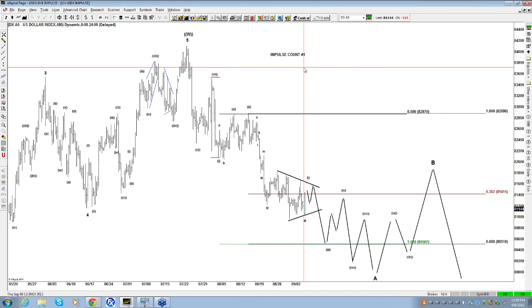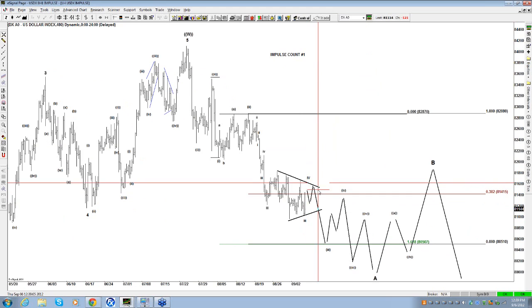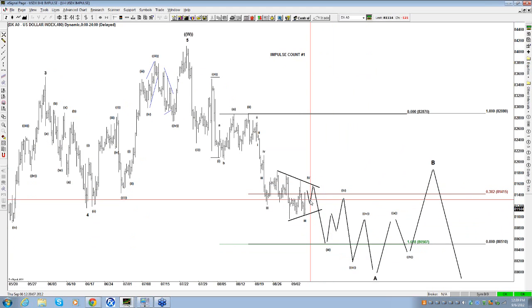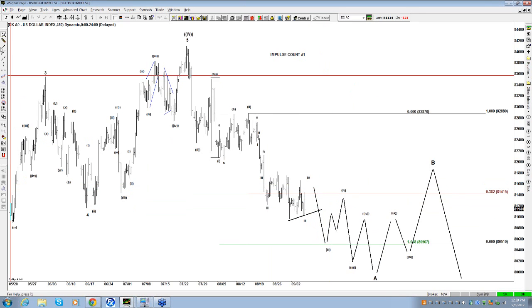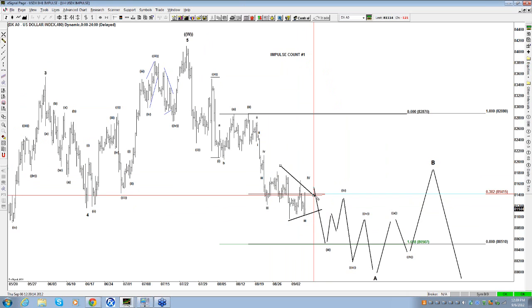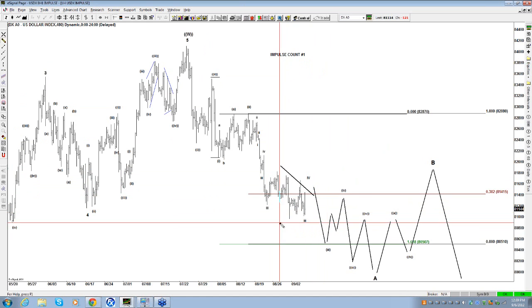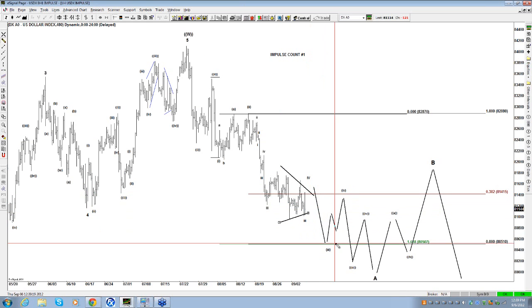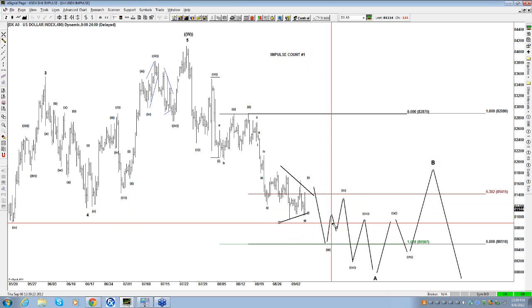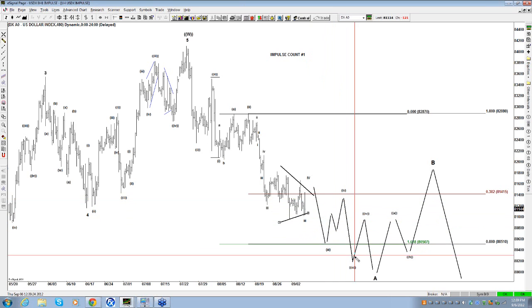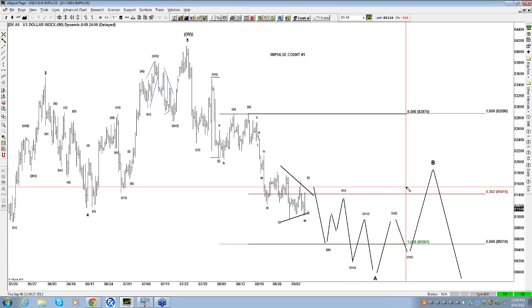And if it's an impulse in the dollar, it is going to trade like this. Most likely this triangle ended already right here as a contracted triangle, and we're going to go to 80.50 tomorrow. Maybe we'll pull back and then continue lower. That scenario is there.